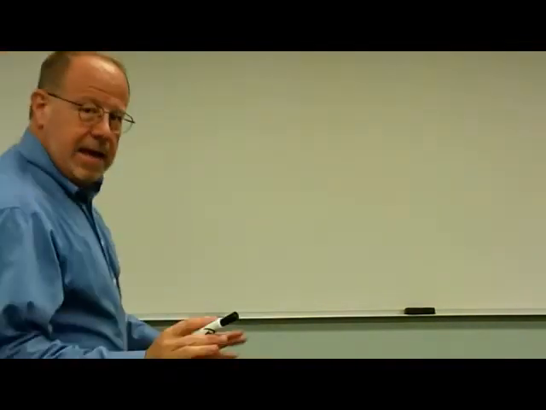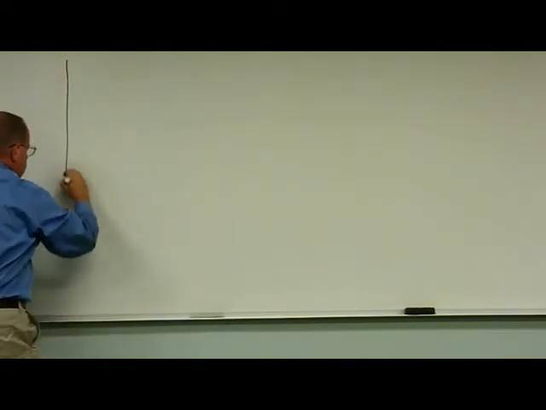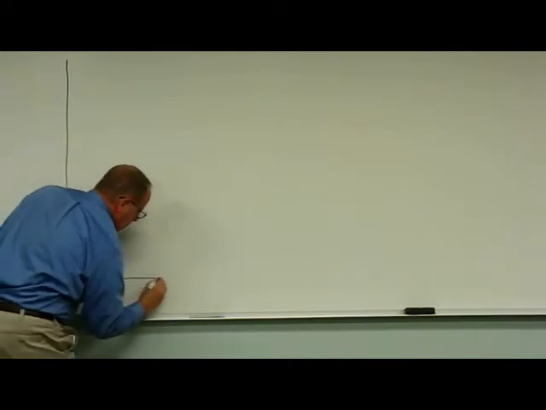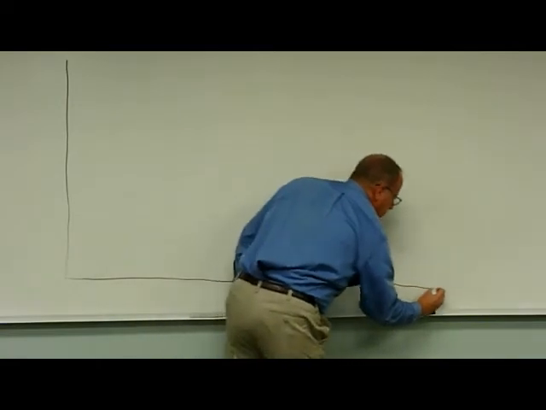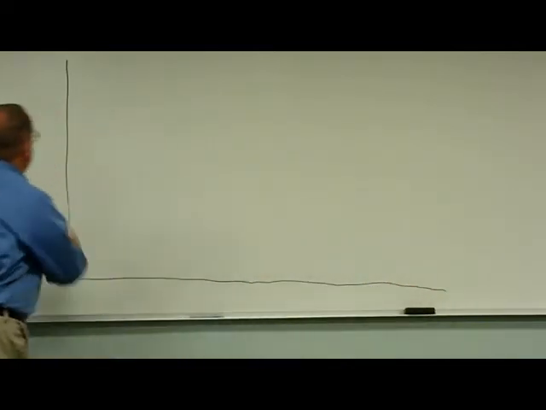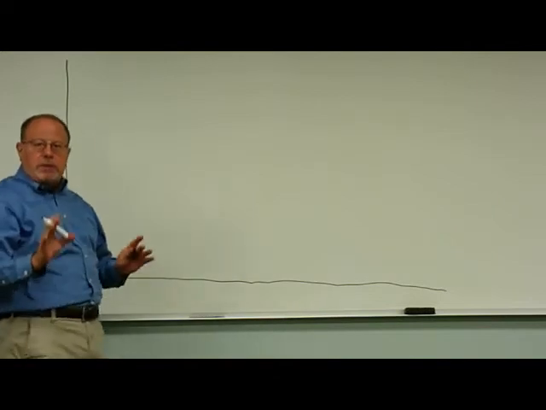Let's take a look today at the product life cycle. So here we have two axes. The one on the bottom is going to represent time, and the one up here is going to be revenues, product units sold.